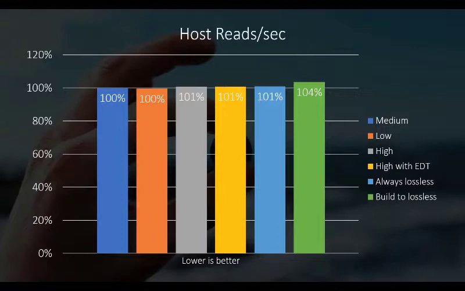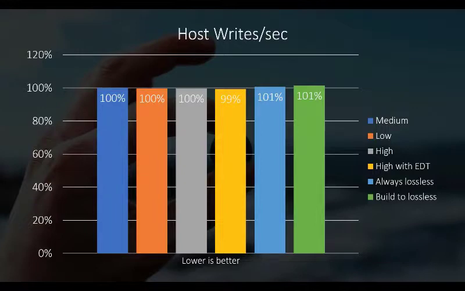There's a slight increase in the reads with the build to lossless, but this is not caused by the quality change itself, and this is also for the writes, which makes sense because sending over the images towards the endpoint requires CPU resources and does not require any storage capacity, as it's all processed by CPU and not on disk.